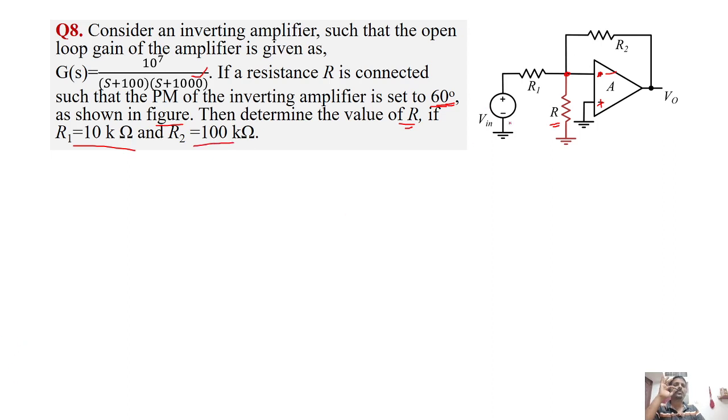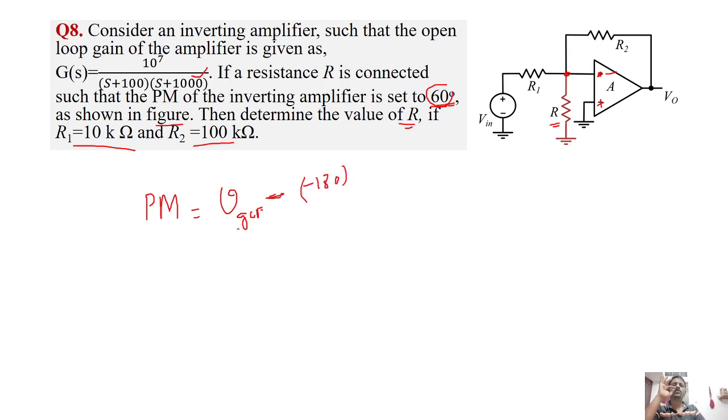Initially we'll find the frequency at which this 60° happens. We know phase margin equal to the angle theta at gain crossover frequency, GCF, plus 180, that is, theta at GCF minus (−180). So this is the phase margin.